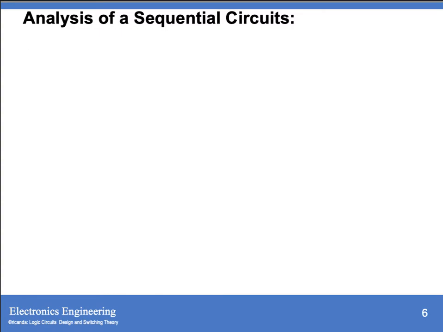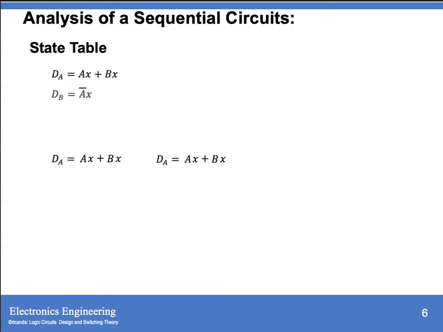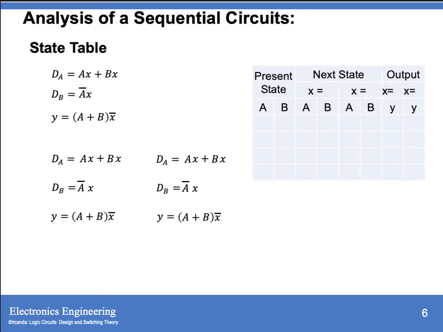Next, we are going to get the state table. From your state equations, which are DA, DB, and your output, we have two columns to determine for the possible input combinations: X equivalent to 0 and X equivalent to 1.